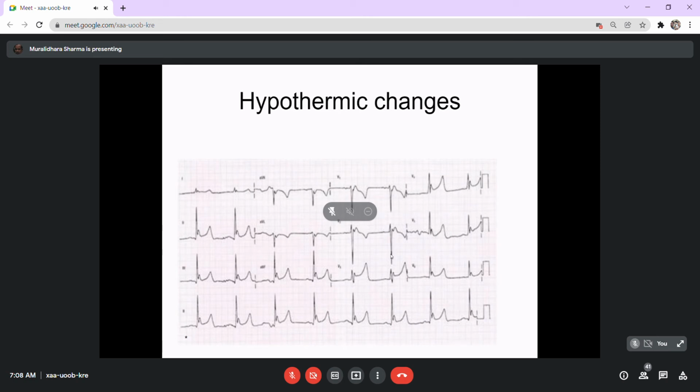And in that hypothermic condition too, there would be ST segment elevation. It's virtually ischemia only, due to reduced blood flow as a result of the vasoconstriction. So not significantly different, but there may not be an infarction. The patient may recover well after you have brought the temperature back to normal.